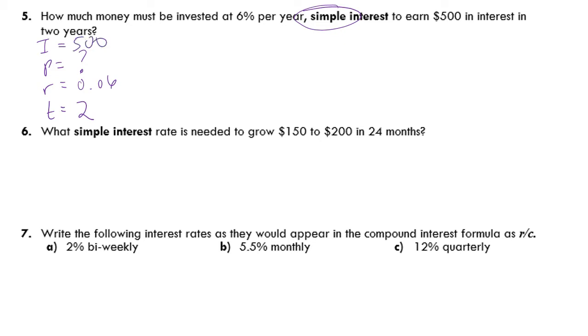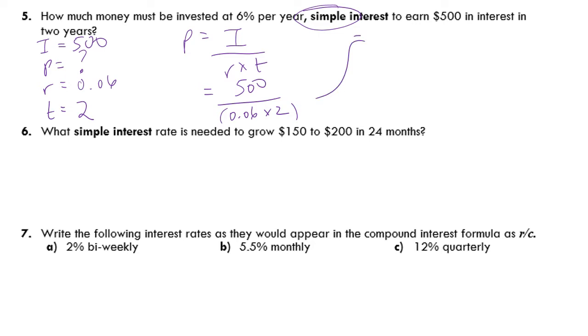Now I'm not going to redraw the triangle because you have it from the last example. But remember, cover up the P, what's left over, I divided by R times T. Plug in your numbers, 500, 0.06 times 2. And then don't forget, when you do these simple interest calculations with fractions, you want the bottom to be treated as 1. So put brackets around it.